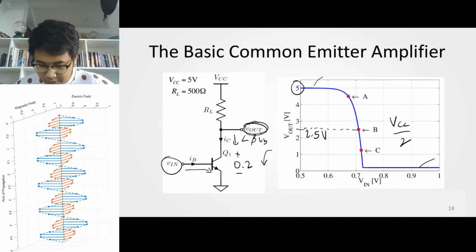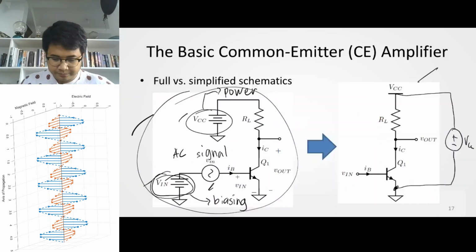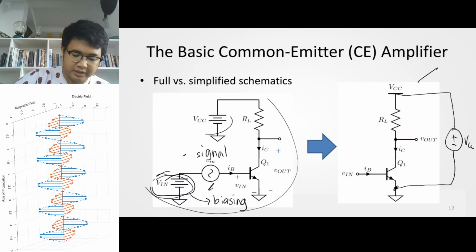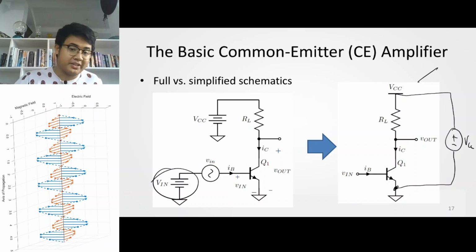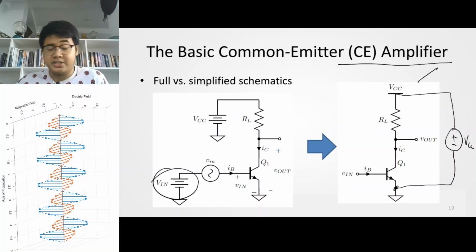Right? So, the problem is, okay, if you look at this circuit, from the full circuit on the left, see that Vin here is a separate battery that you want to connect to your base. However, that won't be practical because in reality, large amplifiers, even operational amplifiers, have multiple CE stages or amplifier stages.